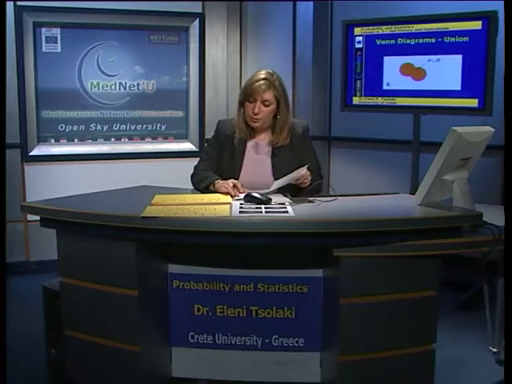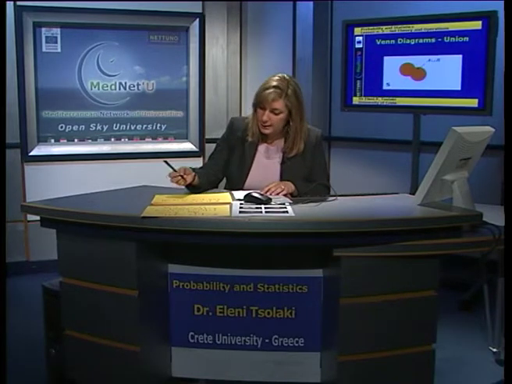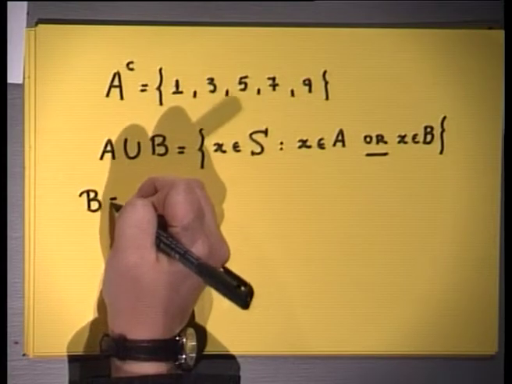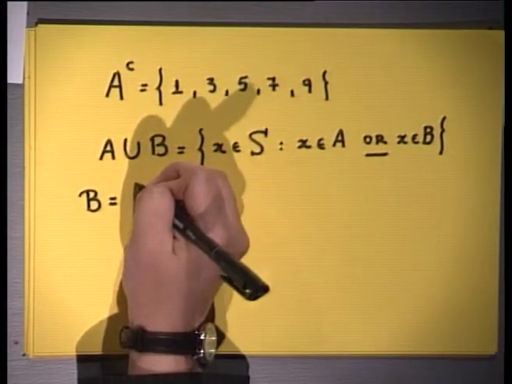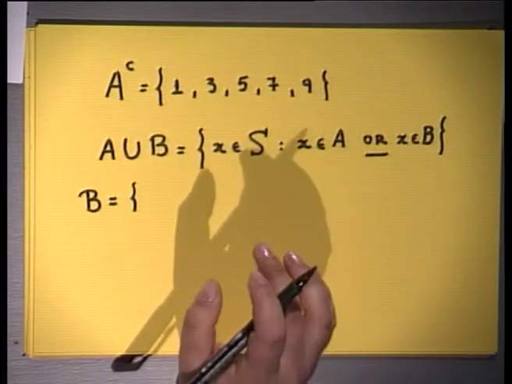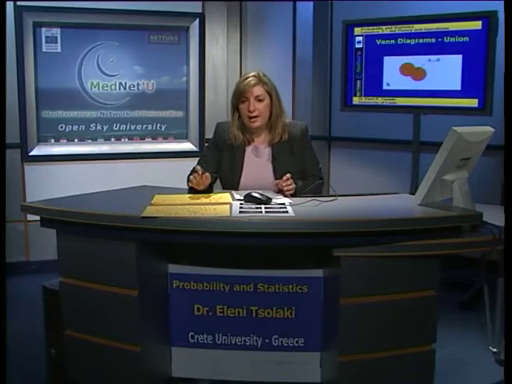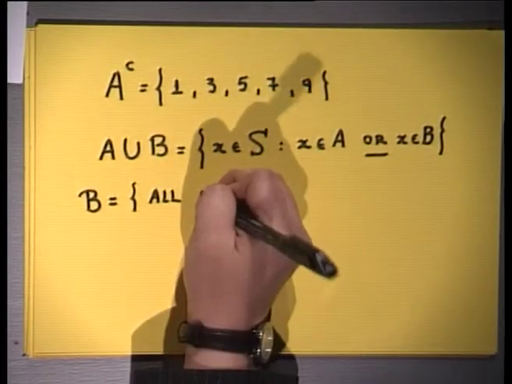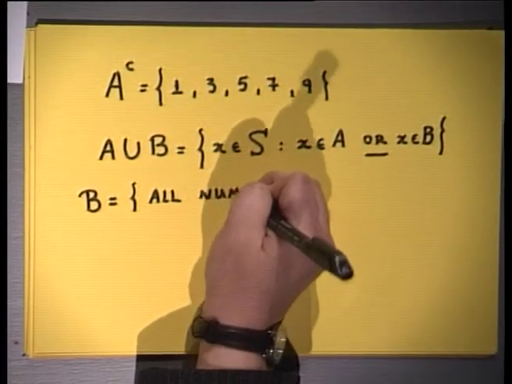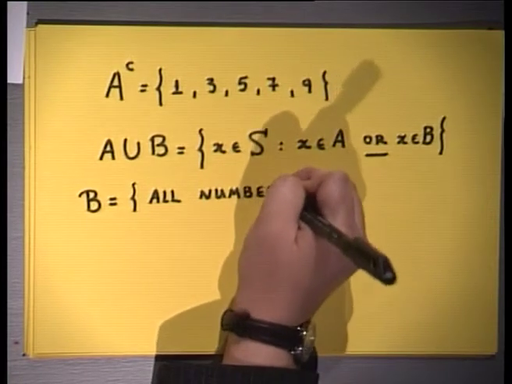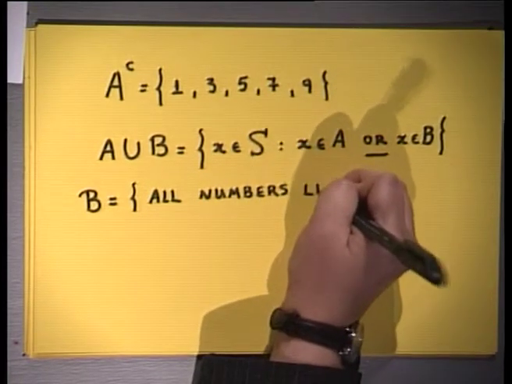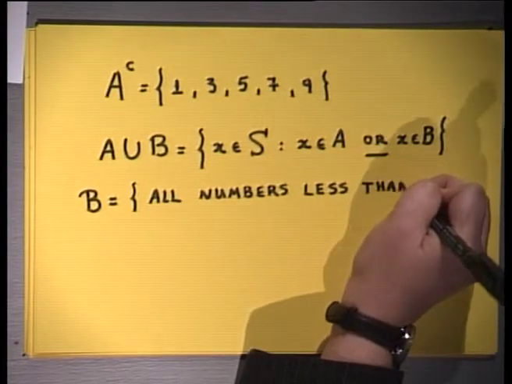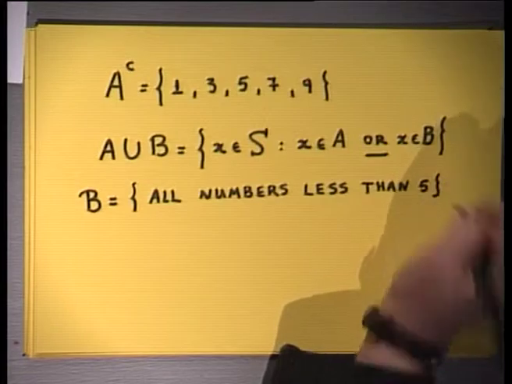So we can have another event B, which could be all numbers less than 5.